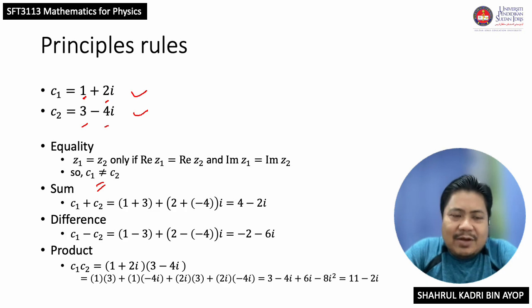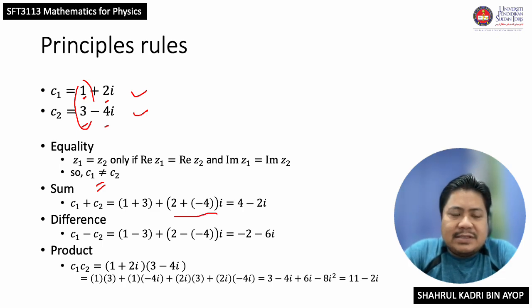For addition, or the sum, we can separate the real part, so that means 1 plus 3. This is the real part. And then plus the imaginary part, so you will get 4 minus 2i.